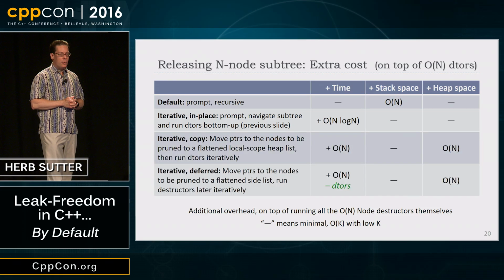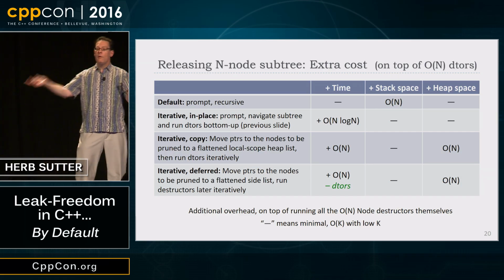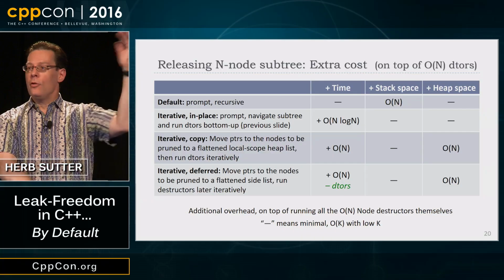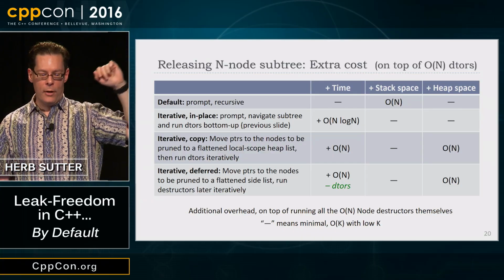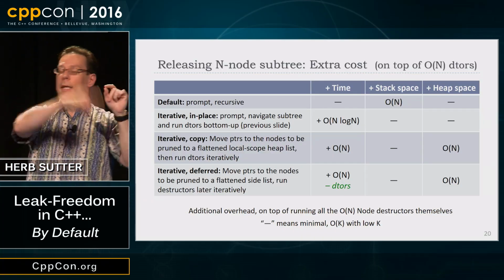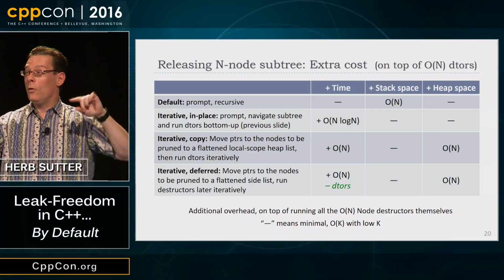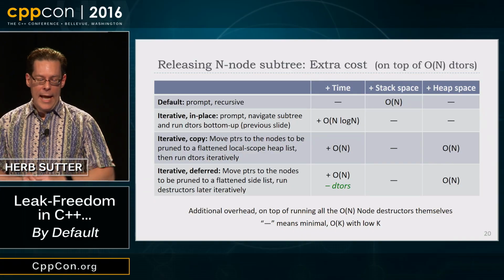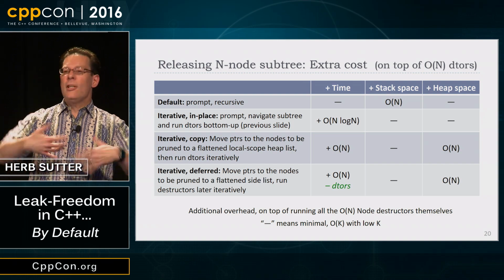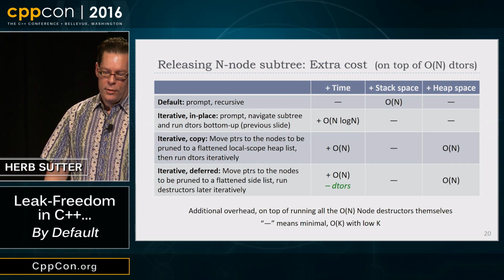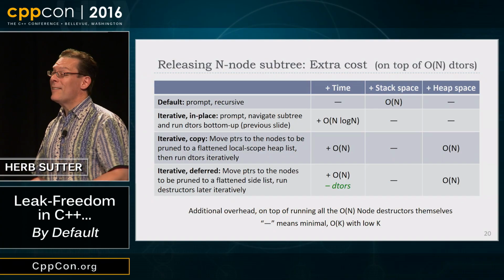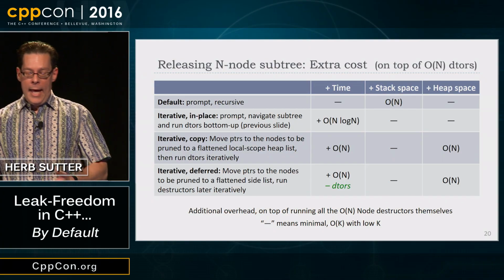So one of the ways you could do is to go through and move individual nodes, move their unique pointers into, say, a local vector of unique pointers so that it owns them, and then go through so the nodes no longer own each other, and then you run through those linearly. And again, all of these orders are in addition to the cost of actually running the destructors, and that trades off order n stack space for order n heap space, which you are much less likely to run out of.